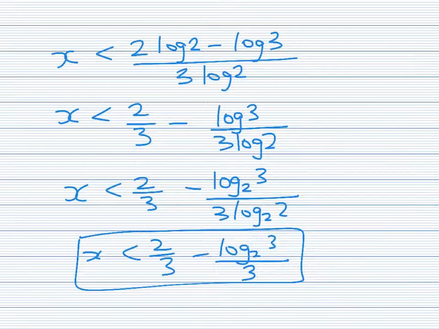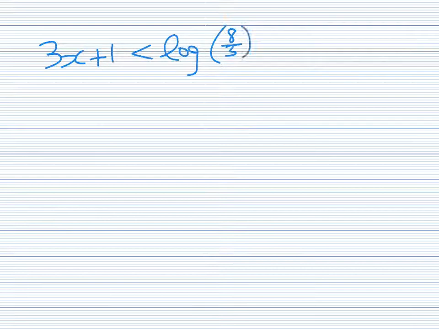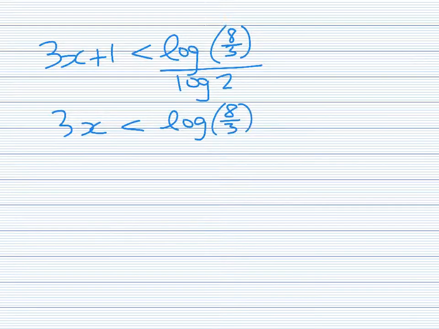Other things that you could have done, I'll do one more slide doing a couple of other things. So we could also have done this. So 3x plus 1 is strictly less than the log of 8/3 over log of 2. 3x is less than log of 8/3 minus the log of 2 over the log of 2.